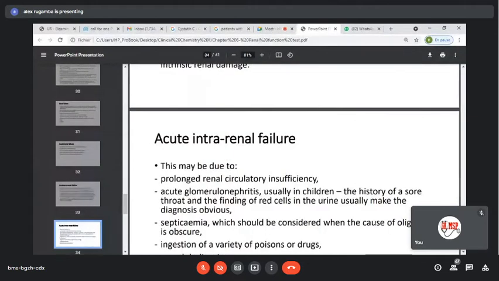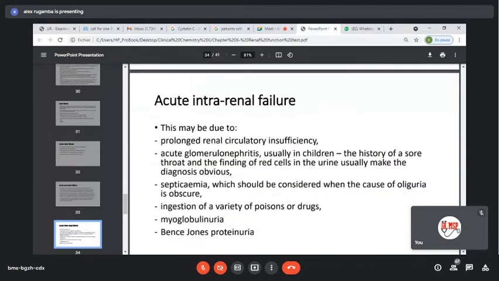So acute renal failure can be caused by the ingestion of various poisons. So in case of poison, in case of drugs, in case of myoglobinuria. Myoglobin is a pigment that is present in muscles. Like, if you know, hemoglobin is in the blood, myoglobin is in the muscles.